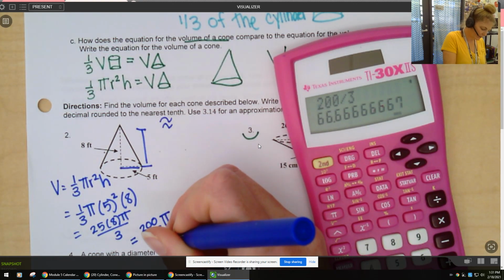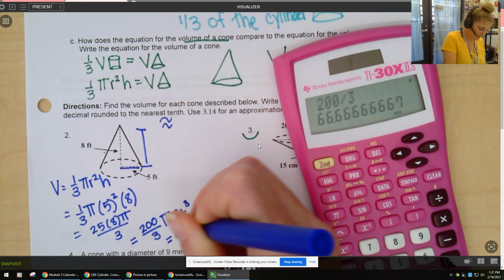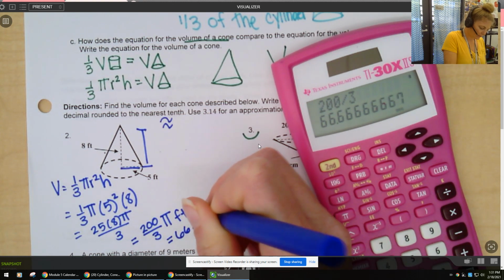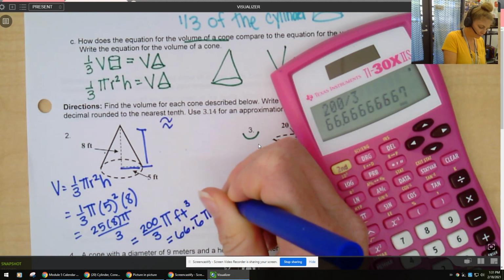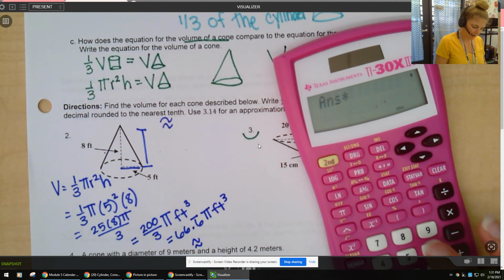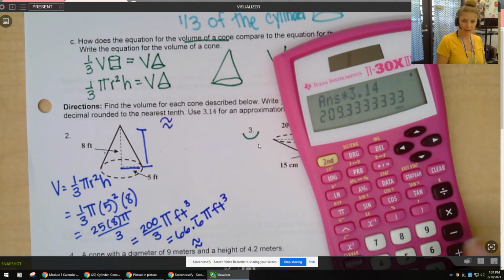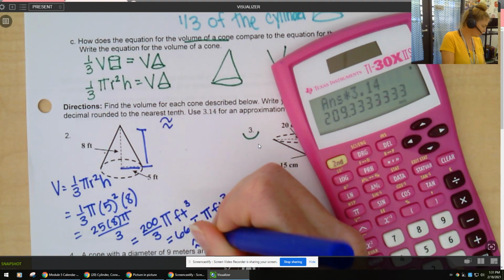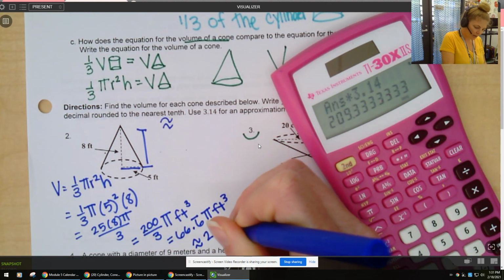So if you wanted to write that as a decimal, it is exactly 66.6 repeating pi feet cubed, which is approximately, we still need to multiply that by 3.14, and we get approximately 209.